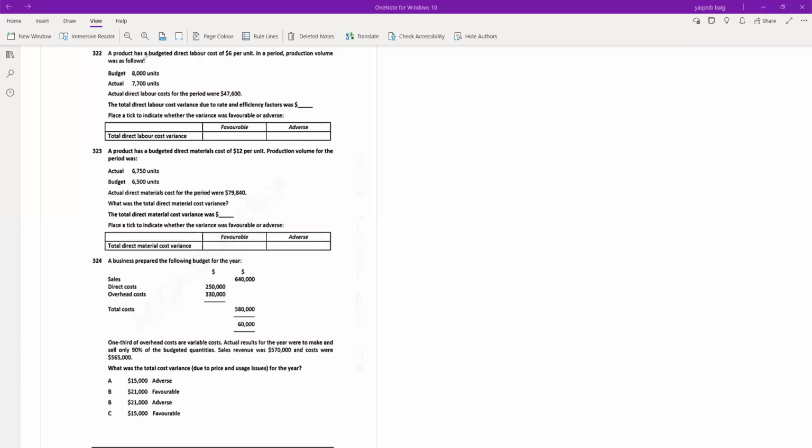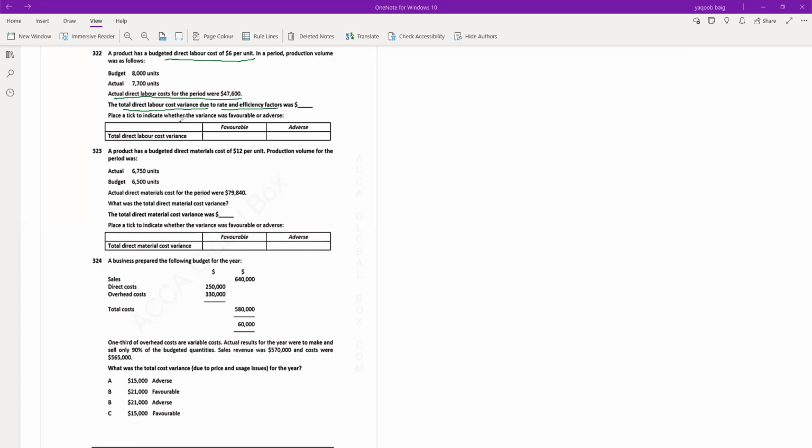Next one is a product has budgeted direct labor cost of $6 per unit. In a period, production volume was budgeted 8,000 and actual is 7,700 units. Actual direct labor costs for the period were 47,600. Total direct labor cost variance due to rate and efficiency factor was.